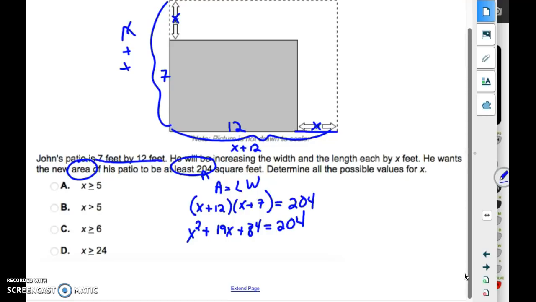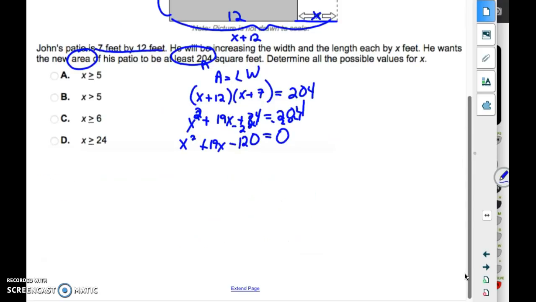It is quadratic because of the squared, so we need to set it equal to 0. So I'm going to subtract 204 from each side, and that gives us x squared plus 19x minus 120 equals 0. So we're going to factor, and I need factors of 120 that are 19 apart.